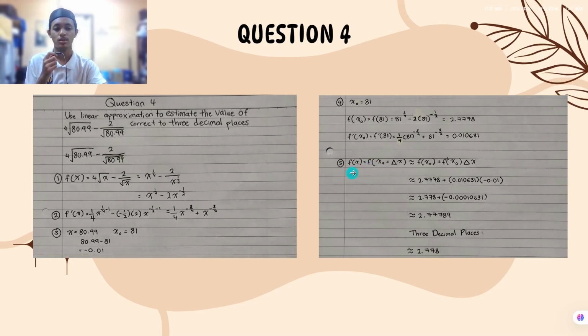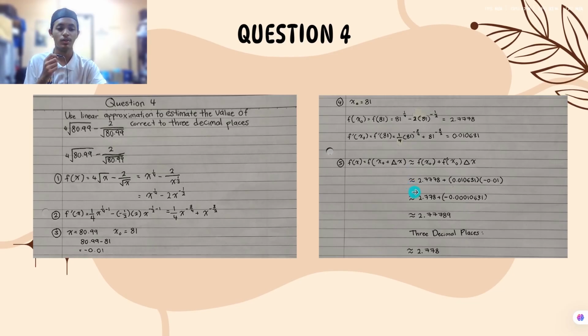For the last step, we need to find f(x). In order to find it, we know that it is equal to f of x naught plus the change of x. In order to find this, we need to expand, and it will be f(x naught) plus f prime (x naught) times the change of x.